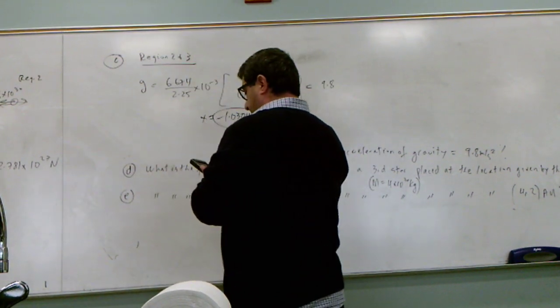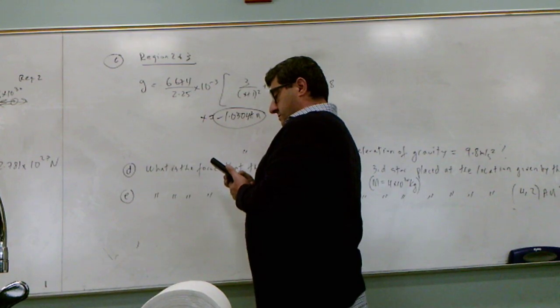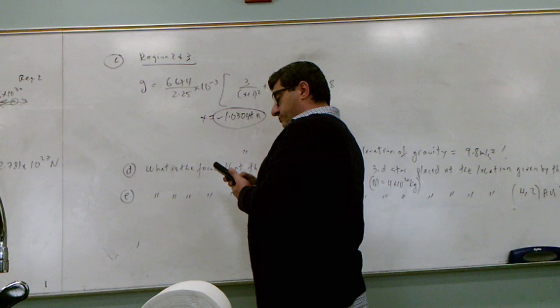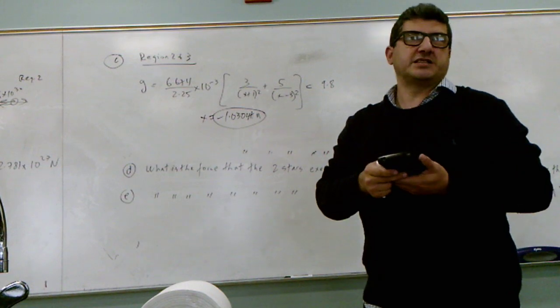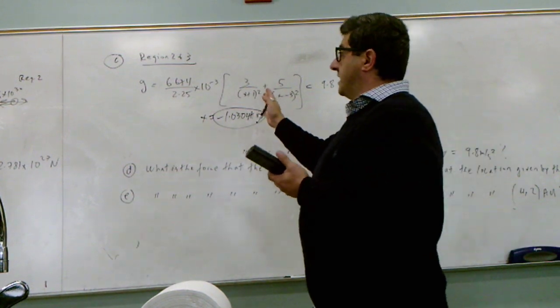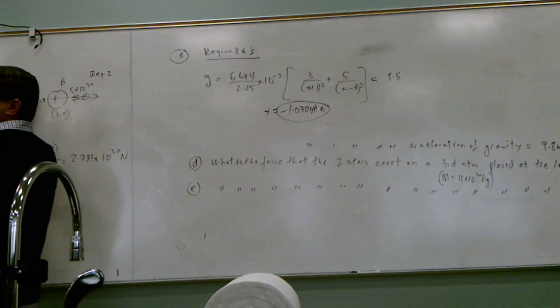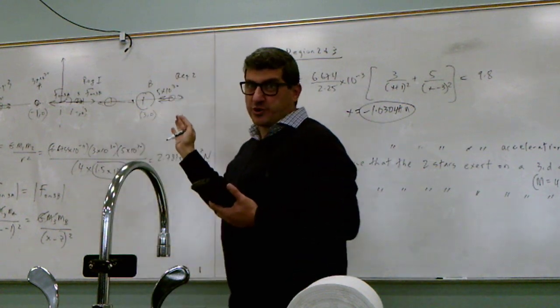And then the other answer that it gives me, oh, it actually gives me four answers. It gives me negative 0.969, 2.961, but I'm going to reject those answers, because I'm going to reject any answer in between the two stars, because the gravitational field in between the stars adds up, doesn't subtract.